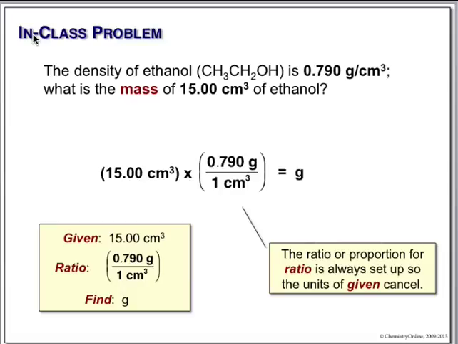So we can just stick it in. Of course, cubic centimeters will cancel. The only unit left here is gram, and that's what we're trying to find. So doesn't that work smoothly? Simply multiply 15 times 0.79, and you get 11.8 grams.